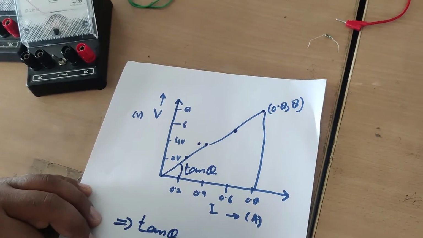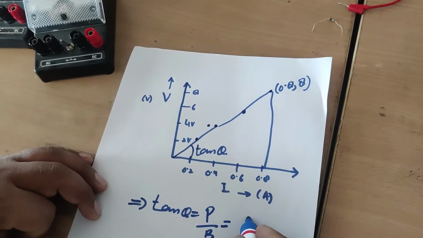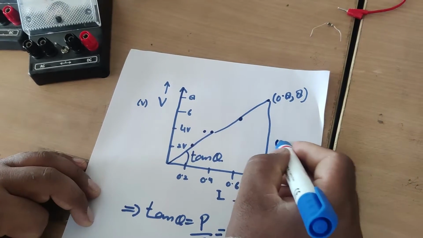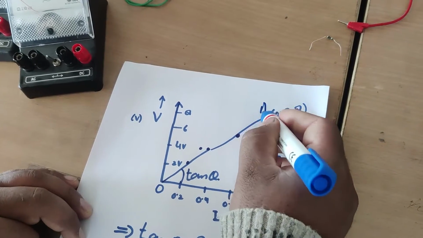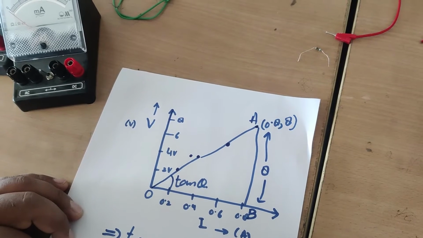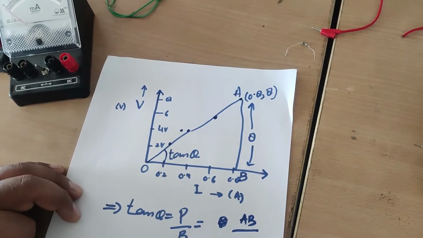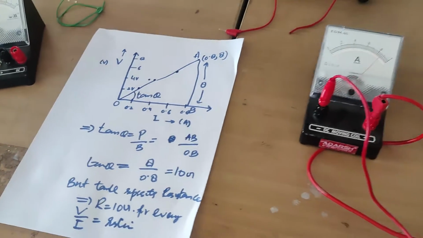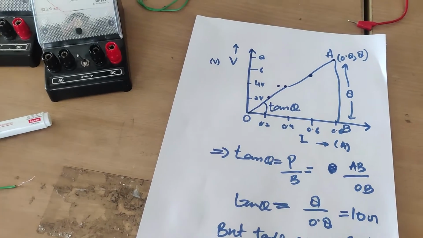Our perpendicular is here, OA, so the perpendicular is AB divided by the base OB. So by taking the tangent, you have seen that tan theta is perpendicular over base.